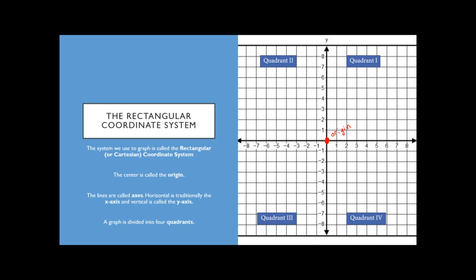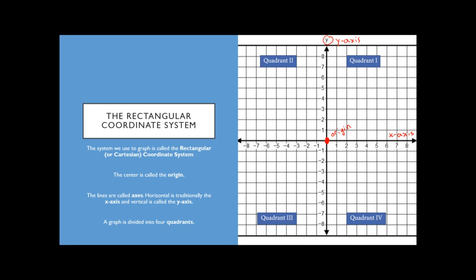Then these lines that we have with the arrows on, those are called axes. So the horizontal is called the x-axis. Plural is ES, singular is IS. So the horizontal is X, and then the vertical, you can see I've already got that labeled up here, is the Y-axis.